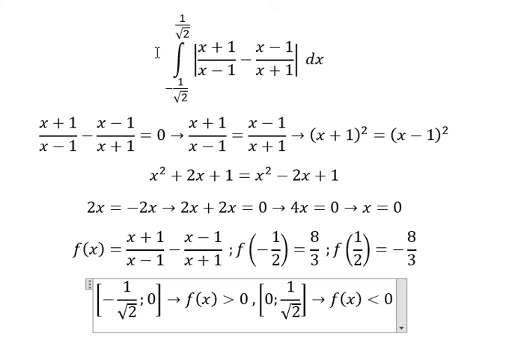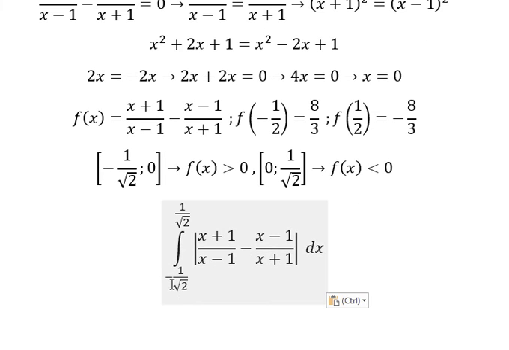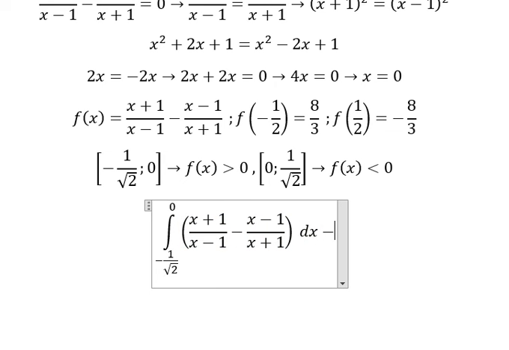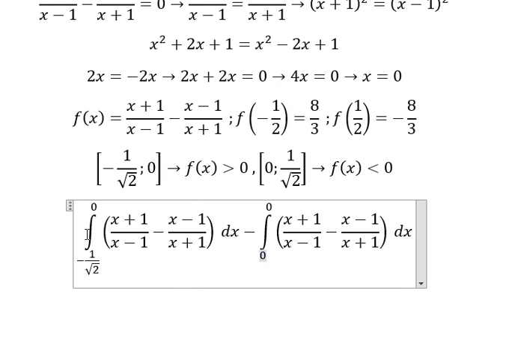So in this situation, I will divide this one into two intervals. The first one is the interval from negative 1 over the square root of 2 to 0. This one is positive, so we don't need to put the negative sign here. This one is negative, so we need to put the negative sign. And that's from 0 to 1 over the square root of 2.